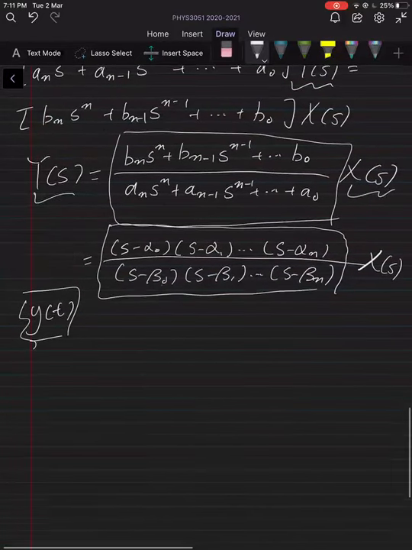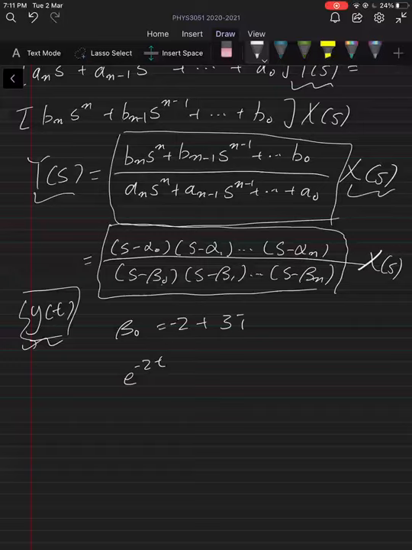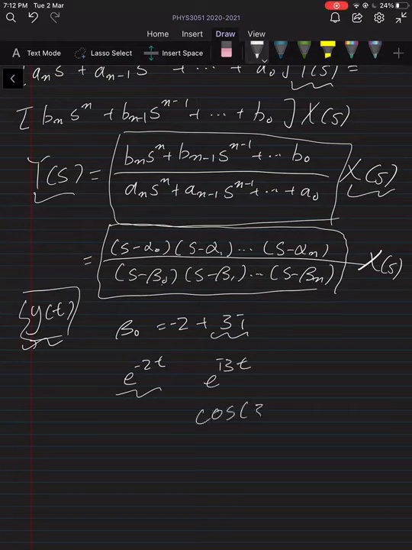If you have s equal to beta 0, beta 1, and so on, suppose beta 0 equals, for example, 2 plus 3i, then you should expect your solution to have, maybe minus 2 is more physical, a solution in terms of e to the power minus 2t, which means you will have some exponential decay component, and also some oscillatory component. It could be sine 3t.